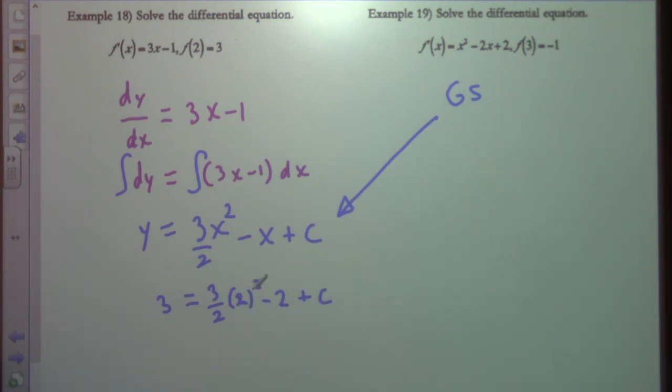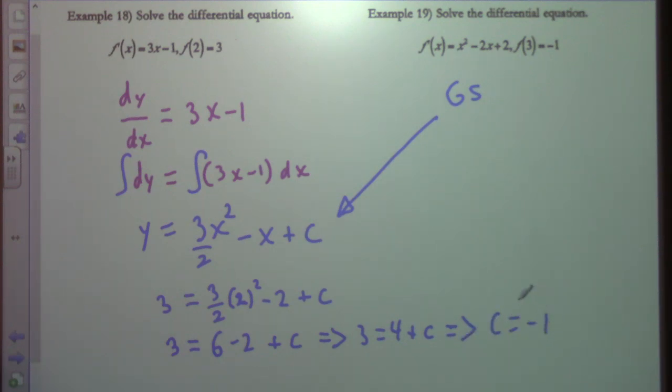So what's it going to be? 3 equals 12 over 2, so 6 minus 2, plus c. So we have 3 equals 4 plus c, so c is equal to negative 1.